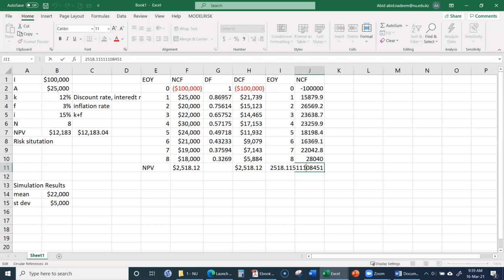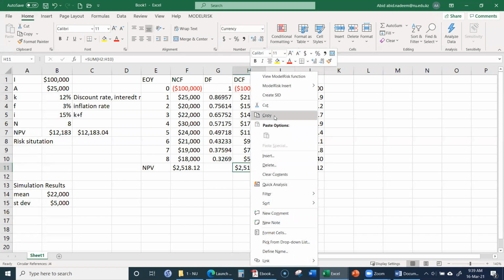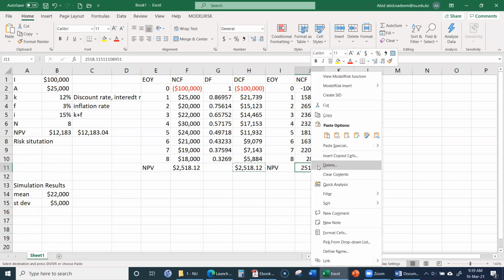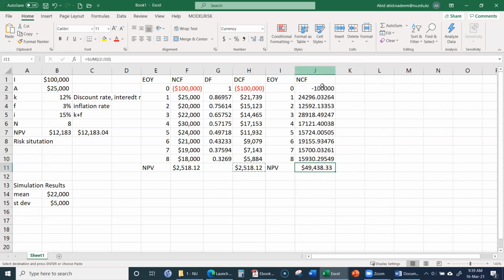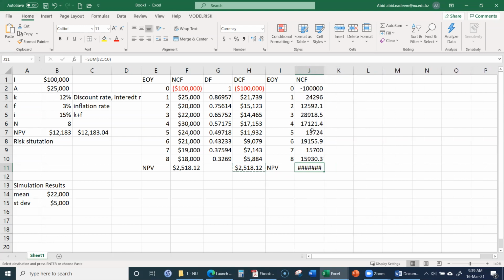Oh no, it's not exact. I need to copy and paste this formula, then this value will change. Here in this case, I get these values.